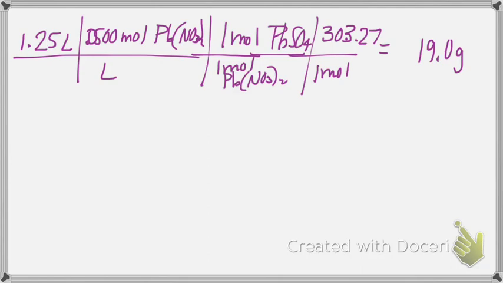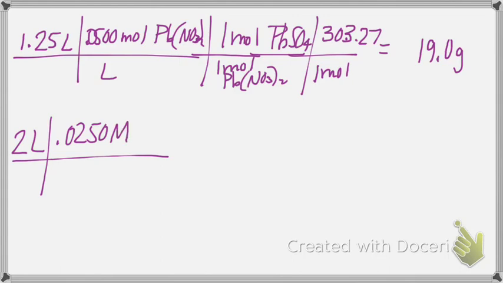And now I'll just do the same thing. Basically, these are still regular stoichiometry, but instead of starting with a mass and dividing by a molar mass, we're going to do volume times molarity and then go straight into the mole ratio. So it's really not that much harder. So this one has 2 liters of 0.025 molar sodium sulfate.